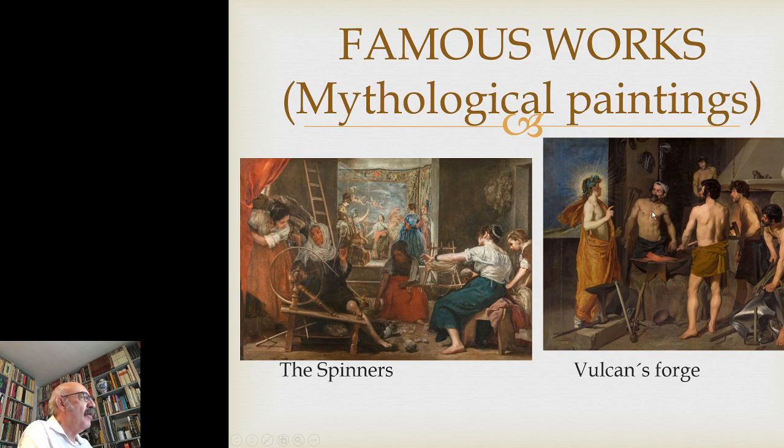These are gods from Roman times, and this is another picture that has two different readings. This is called The Spinners, Las Hilanderas in Spanish, and you can see this picture as a picture of ordinary people that are working with fabric to make clothes, or you can see another different story. Okay, I want to talk about that in another work.